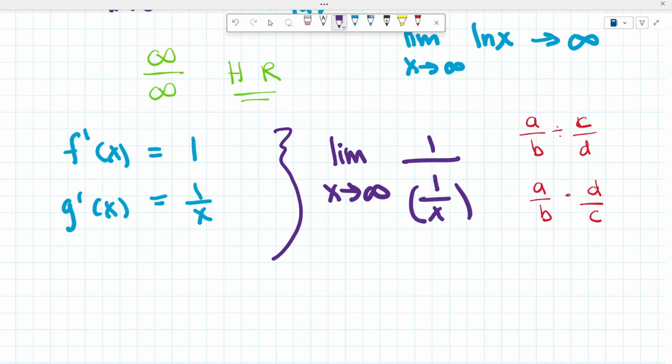So that means that in this case, we have the limit as x approaches infinity of 1 over 1 over x, which is just equal to x. And then if we solve this, we plug in infinity for x, it tells us that our limit is going to be approaching infinity.